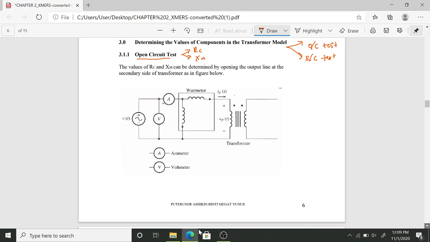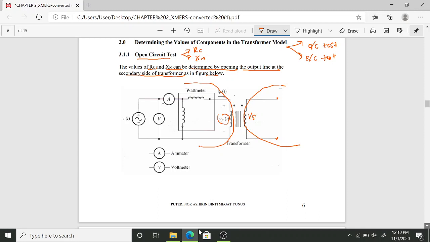The values of RC and XM can be determined by opening the output line at the secondary side of the transformer, as in the figure below. This is the primary side, which is VP, and this is the secondary side, which is VS. This side is actually connected to the load.